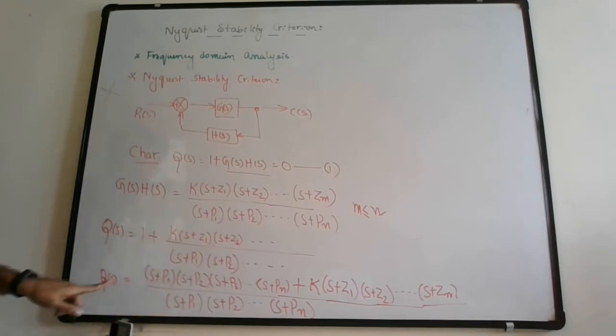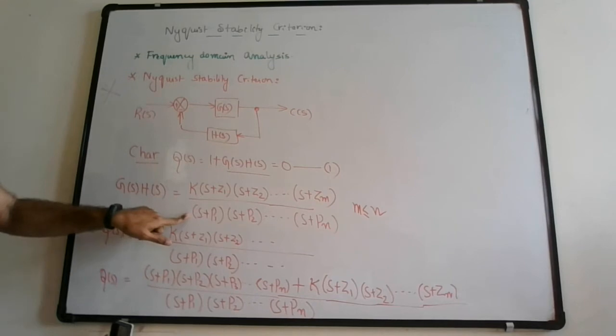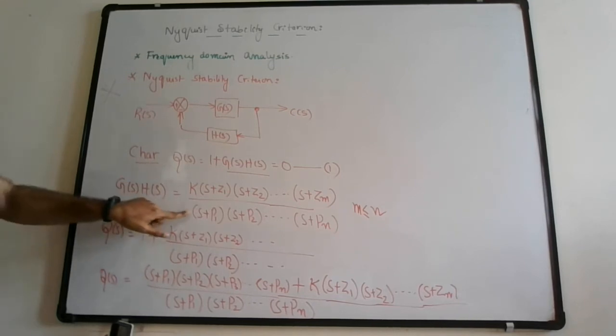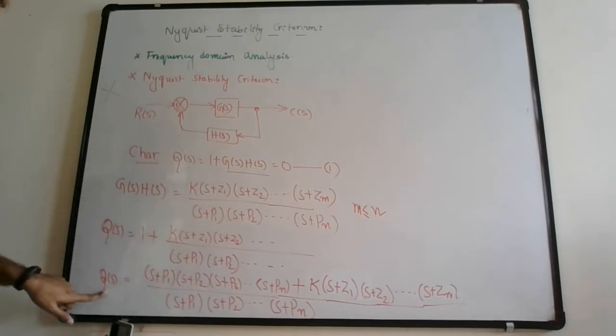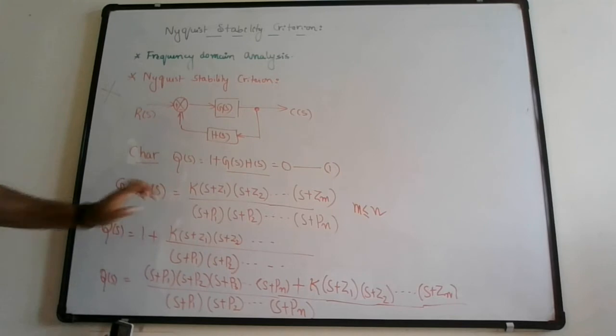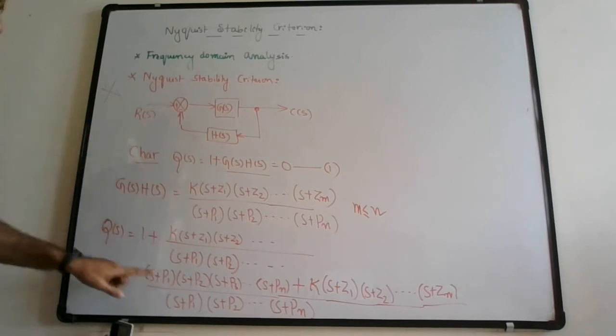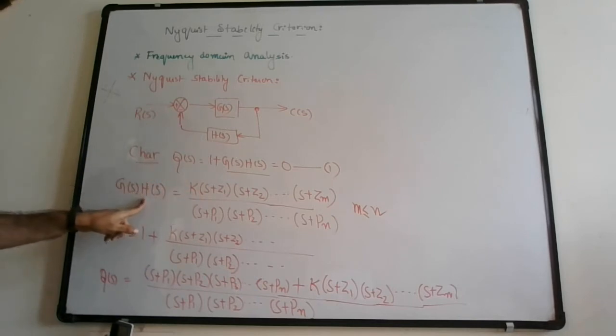Now, poles of this characteristic equation is nothing but poles of the open loop transfer function. Are you observing? Because the denominator remains the same. However, the zeros of the characteristic equation are different from the zeros of the open loop transfer function. This is very, very important.